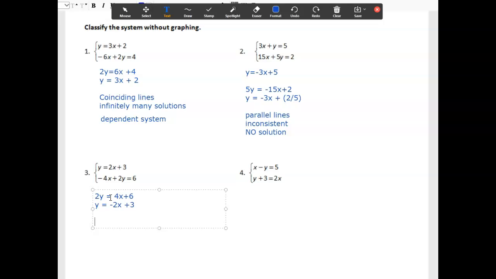The y-intercepts are the same. But different slopes tell me they are intersecting. One solution. And I like to think intersection goes with independent. So intersecting, independent have one solution.